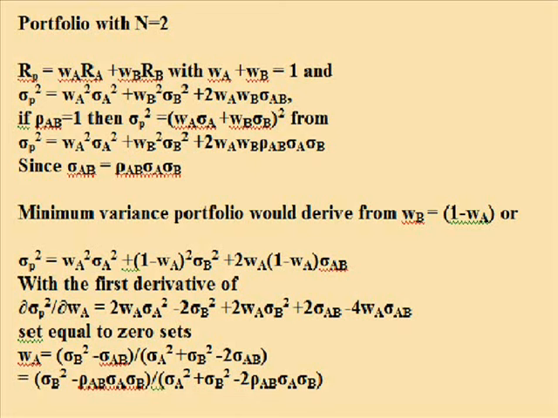And interestingly, if you take the derivative of that with regard to the weightings, you can find a minimum variance portfolio, which turns out to be the other variance minus the covariance over both of the variances minus twice the covariance. By the way, as it turns out, we don't necessarily want a minimum variance portfolio, but it serves as a benchmark to tell us where's the boundary beyond which any weighting would be irrational.